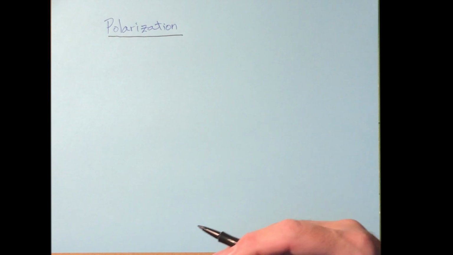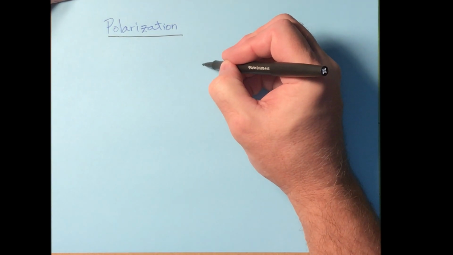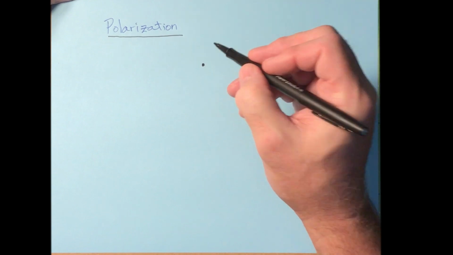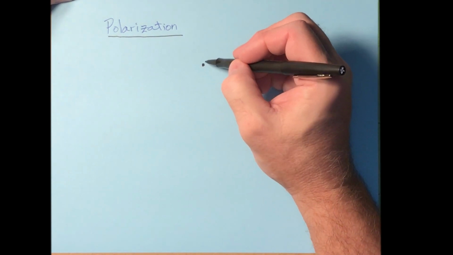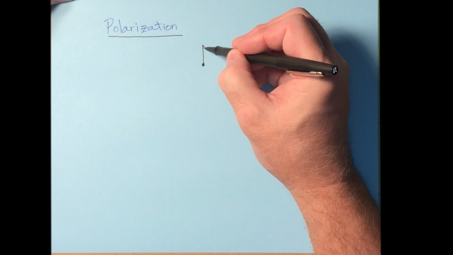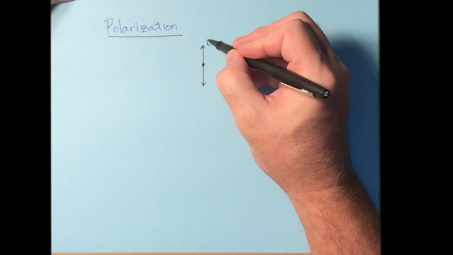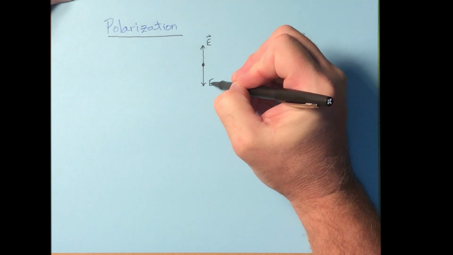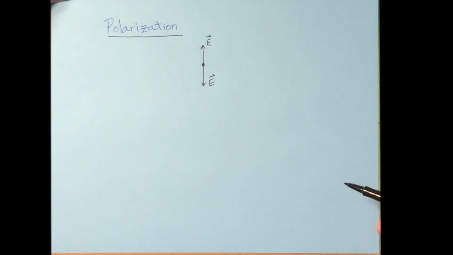And we'll define a plane of oscillation. So let's say this represents the direction of travel, so a photon, a ray of light, is coming out of the page here. Then E would be in that direction and in that direction. So we've defined this plane of oscillation for the electromagnetic wave.